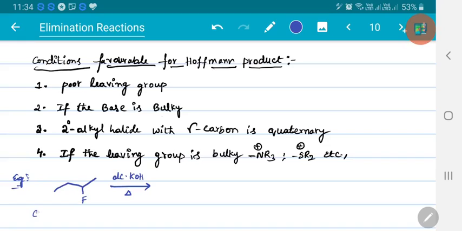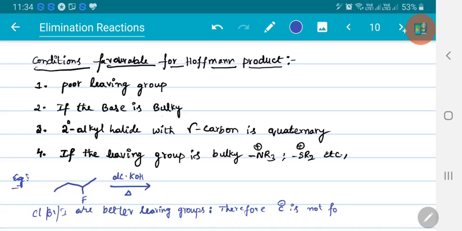If I have taken chlorine, bromine or iodine, they are good leaving groups, so there is no need for a carbanion. But in the case of fluorine, as fluorine is not willing to leave, it is necessary to form a carbanion.